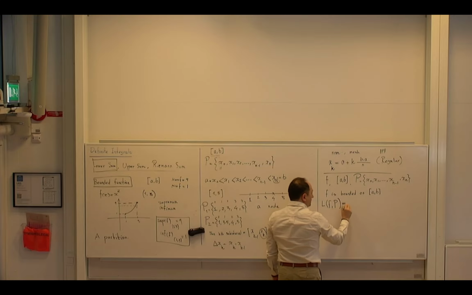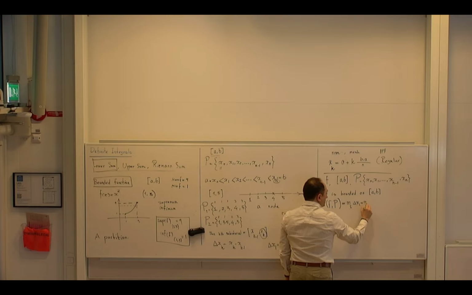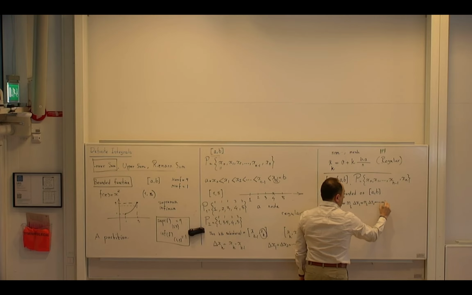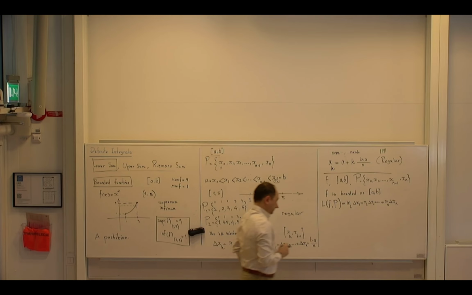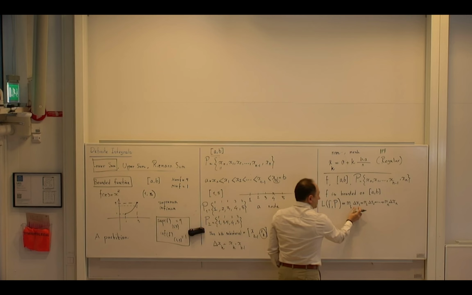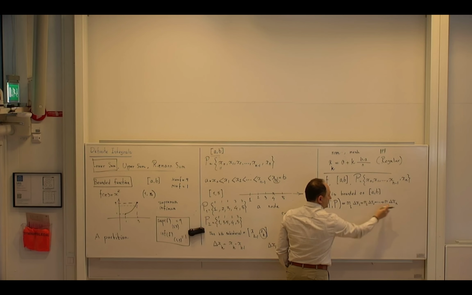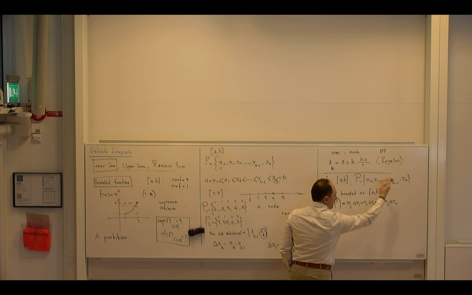You write m1 delta x1 plus m2 delta x2 and then continue until mn delta xn. You don't have any problems with these notations. Delta x1 means the length of the first interval, delta x2 means the length of the second interval, and delta xn is the length of the last interval.